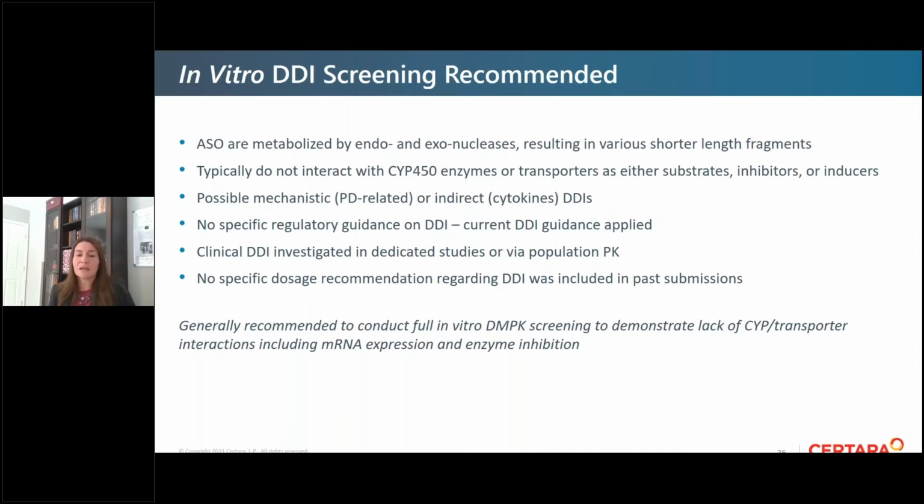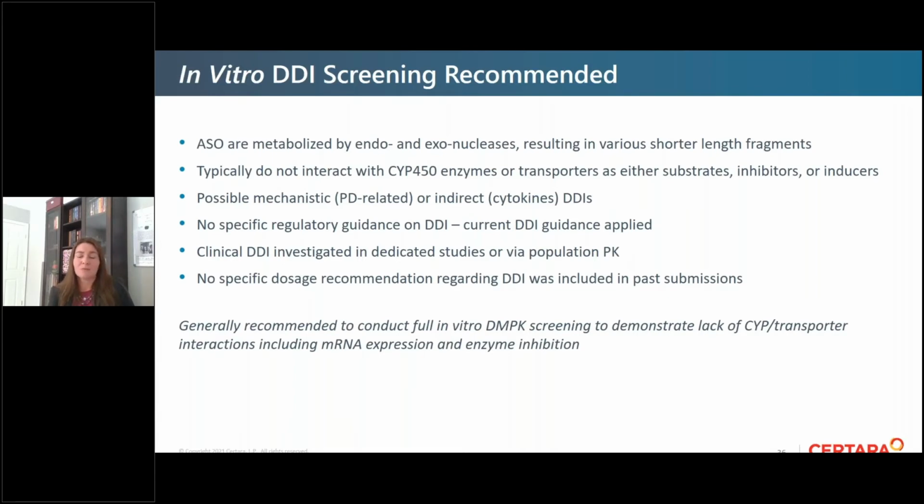In most cases, the clinical DDI was investigated either in dedicated studies or via population PK analysis. For example, if there are common co-administered drugs in the patient population, you can explore drug-drug interactions with the common co-dosed drugs in a population PK approach.